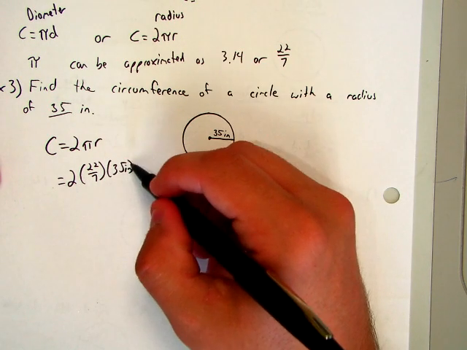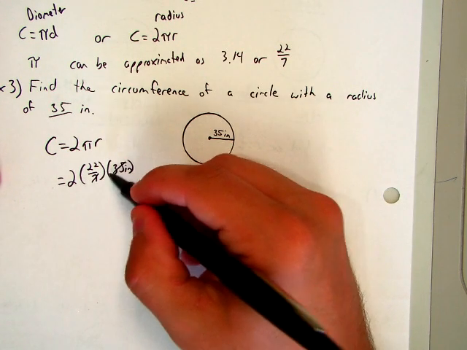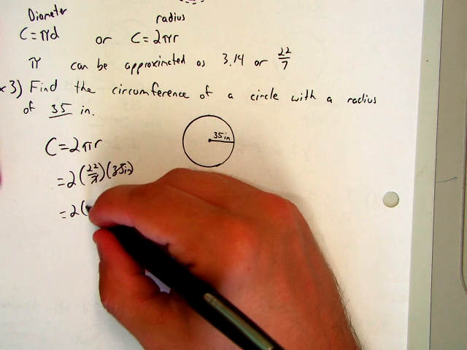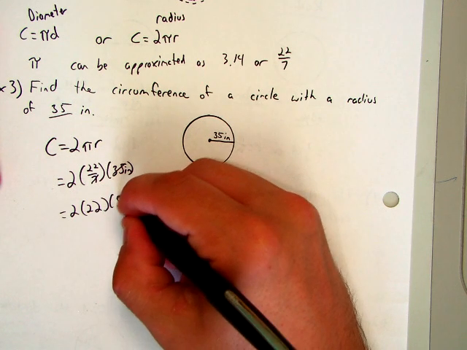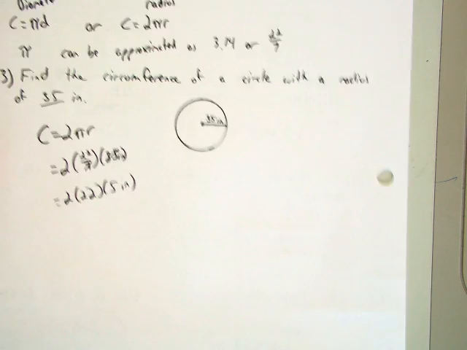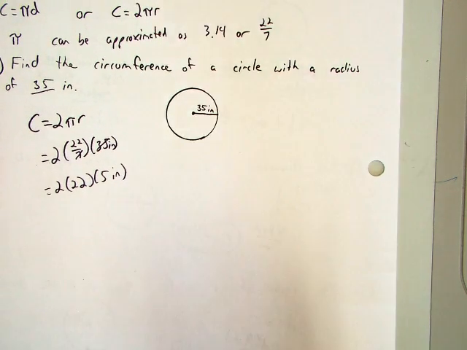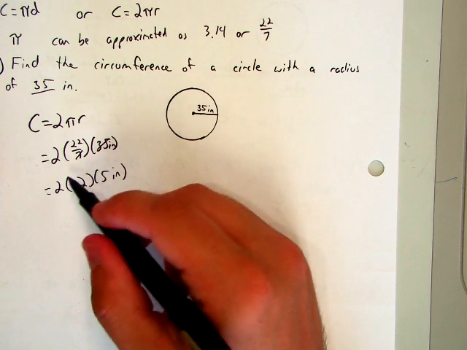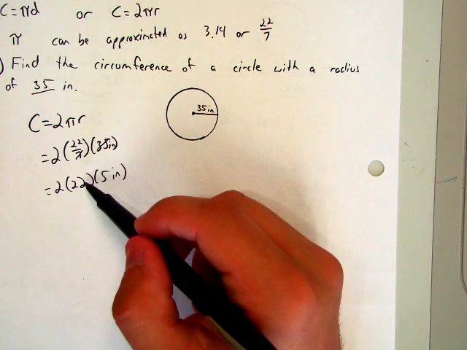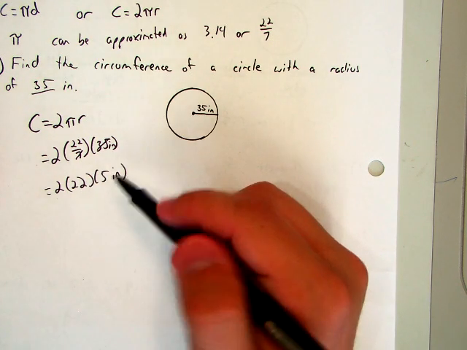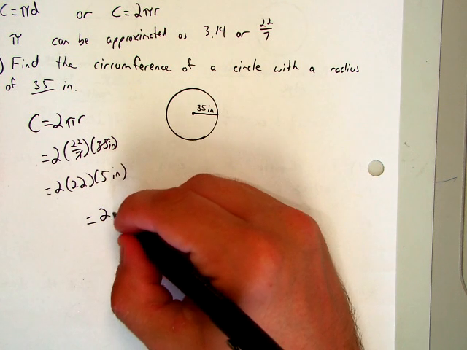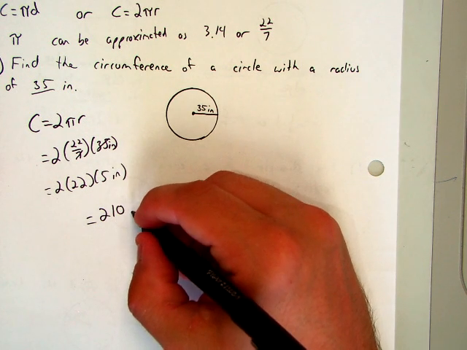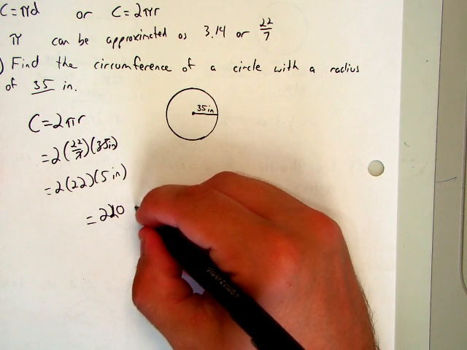The 7 and 35 can cancel out, so I'm left with 2, 22, and 5. Going ahead and simplifying this, 2 times 22 is 44, times 5 would be 220 inches.